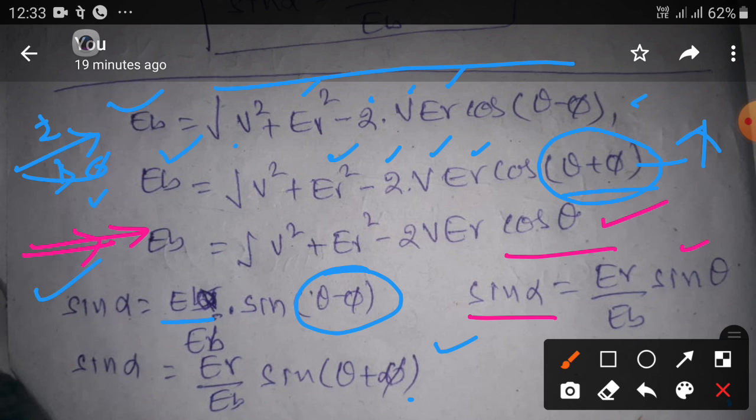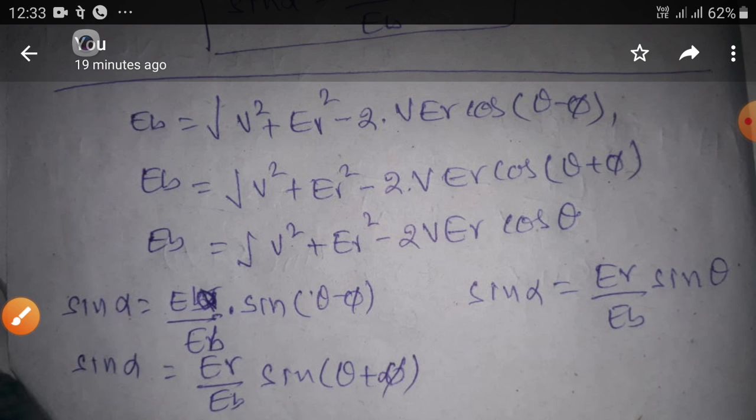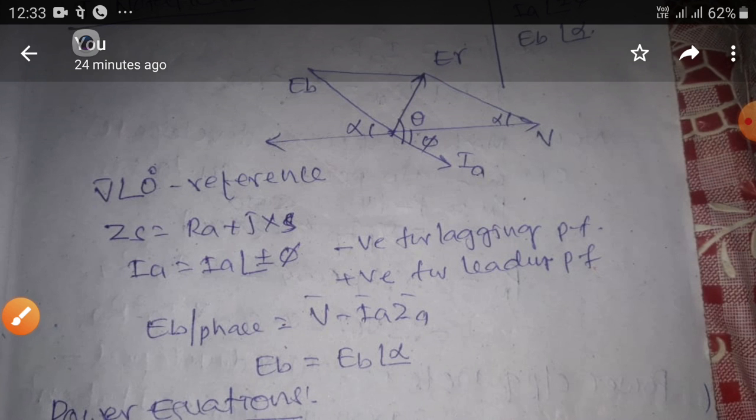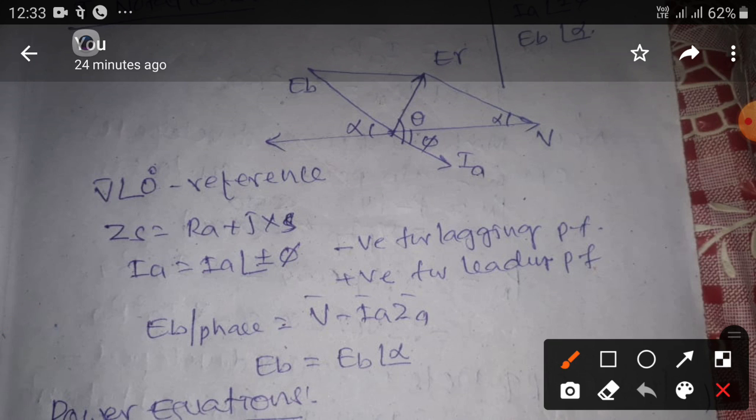These are all things we derived in the last class with the help of the phasor diagram. Just as a recap, we also saw the j notation, which we require in calculations.